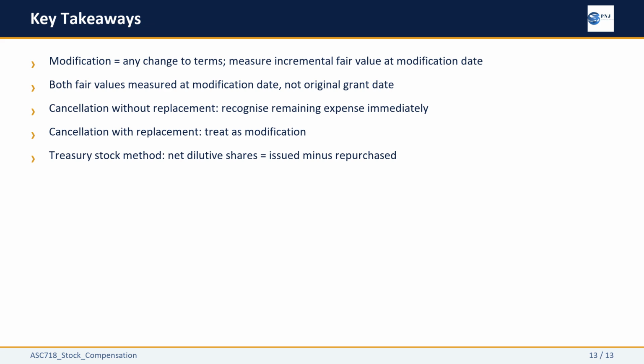Do not continue amortizing. When a cancellation and replacement happen together, treat the transaction as a modification. For EPS, the treasury stock method calculates net dilutive shares by assuming exercise proceeds are used to repurchase shares at the average market price, while RSUs add their full share count with no offset.